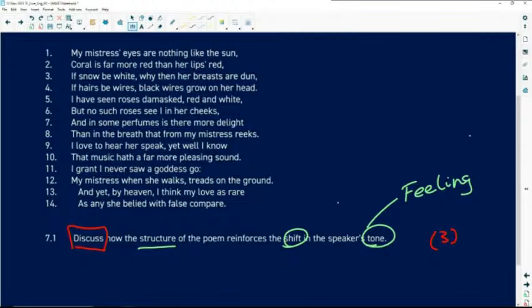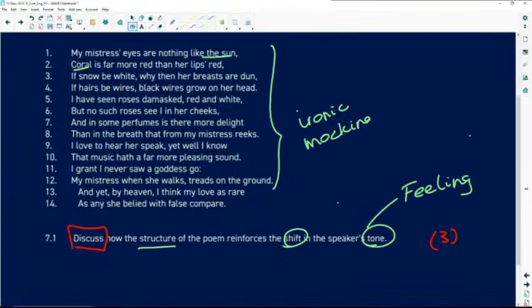And remember, you must give me a feeling. You can't say he's feeling that his mistress is better than all the traditional imagery. Okay, you can't say that. I want to know how he's feeling. Name the feeling. And then the shift in tone. So in this one, I would argue that the tone is ironic and mocking.